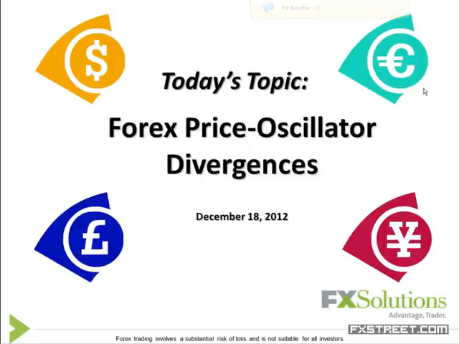Okay, as I mentioned, today's topic will be Forex price oscillator divergences. I'm going to give you a little bit of background here. Some of you may have heard me speak about this before, and I do revisit divergences quite often only because they're one of the key tools in my trading arsenal, if you will. So I talk about divergences in conjunction with my other technical analysis tools.